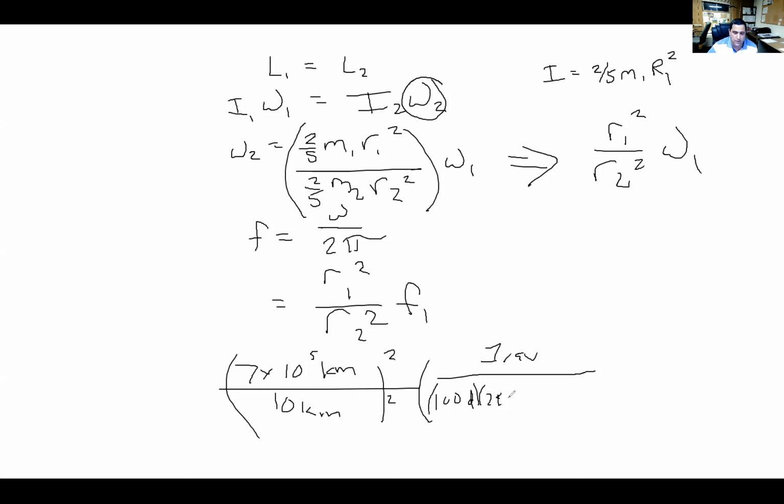There's 24 hours per day, 24. And there's 3,600 seconds every hour. So the rotation rate would be about 600 revolutions every second is what this thing spins at.